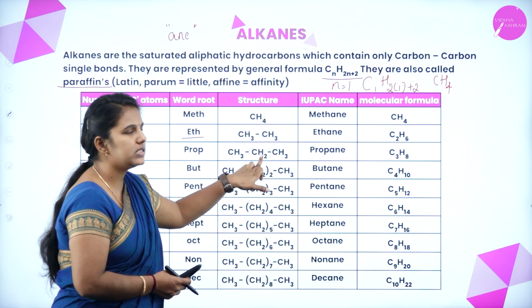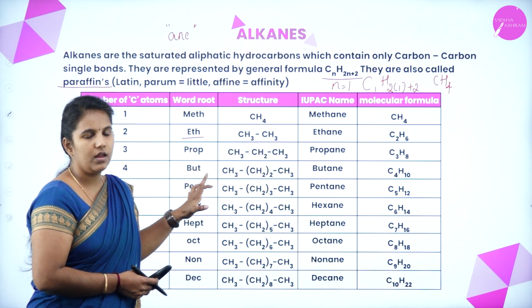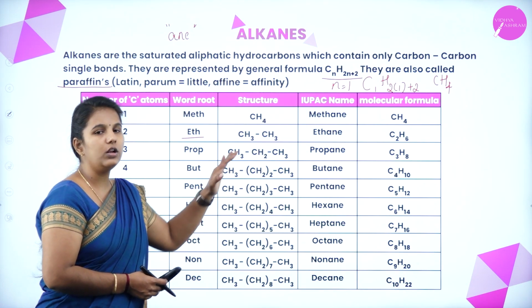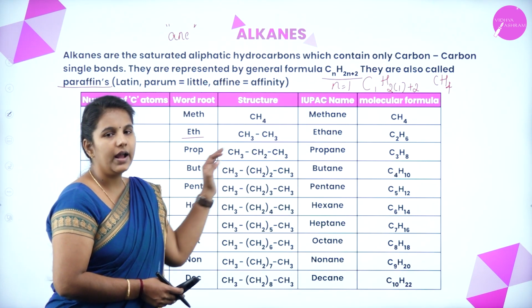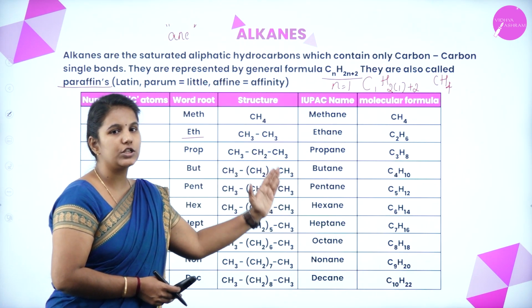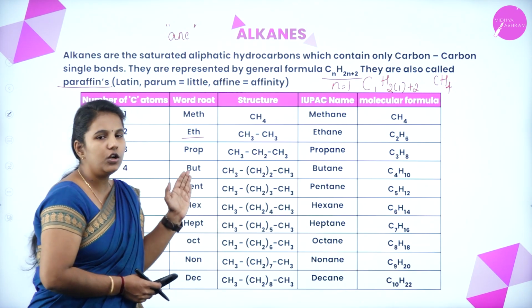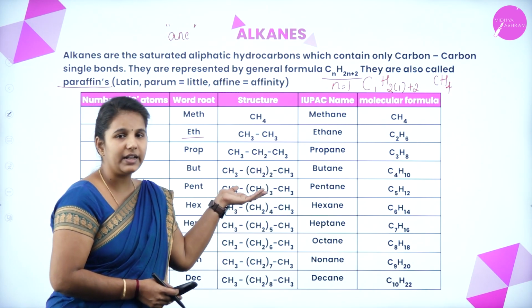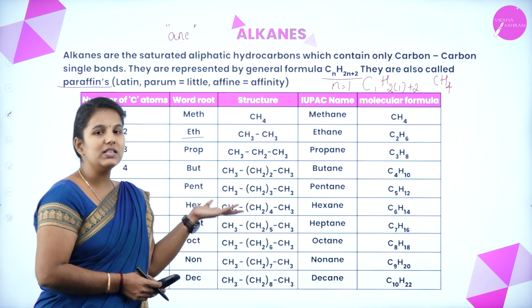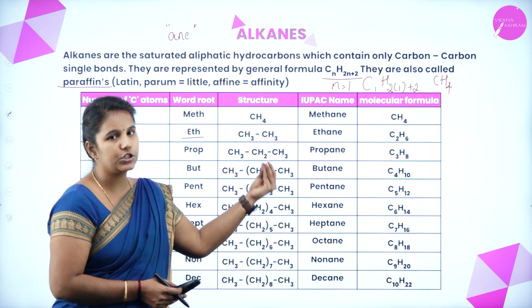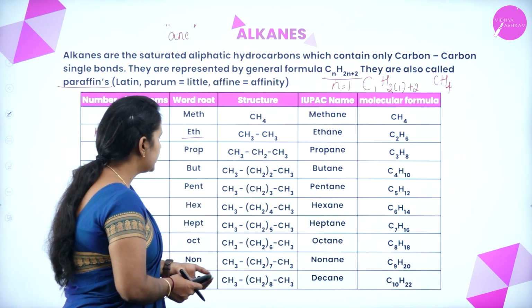The formula is CH3CH2CH3. Next, if n is equal to 4, then we say it is butane and the formula is CH3CH2CH2CH3. Similarly, if n is equal to 5, then we say it is pentane and the formula is CH3CH2CH2CH2CH3.